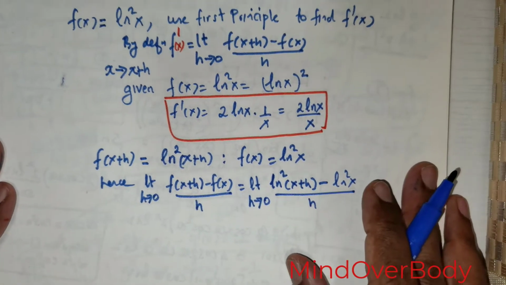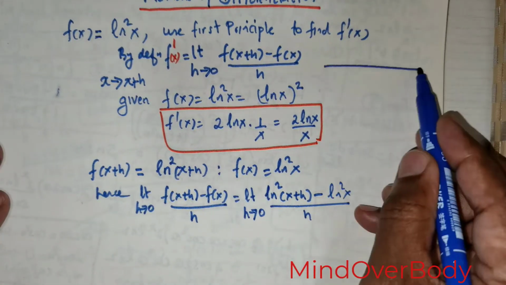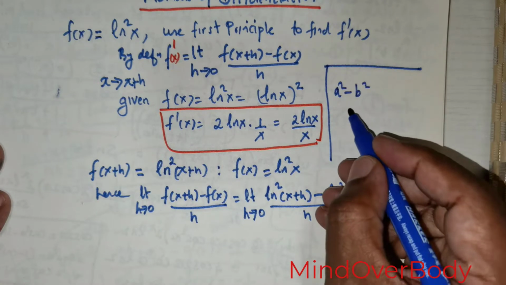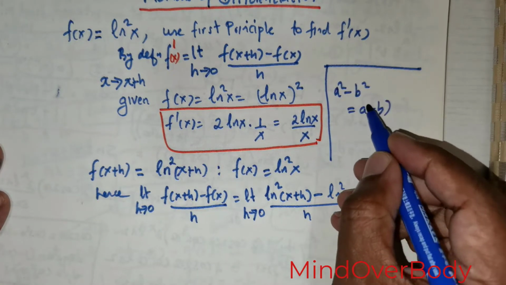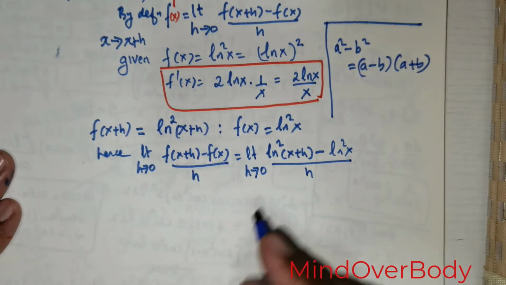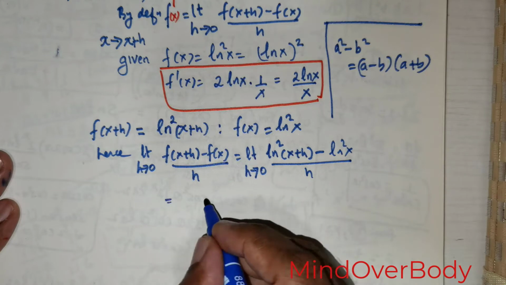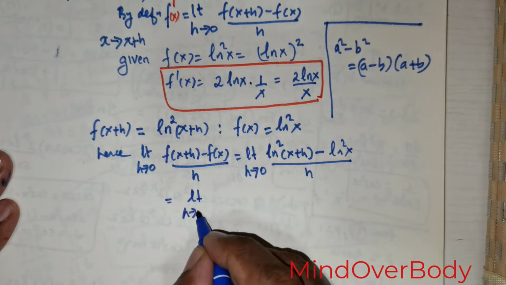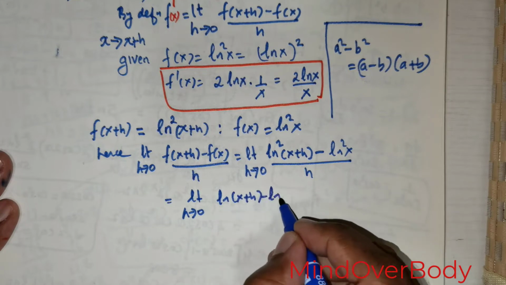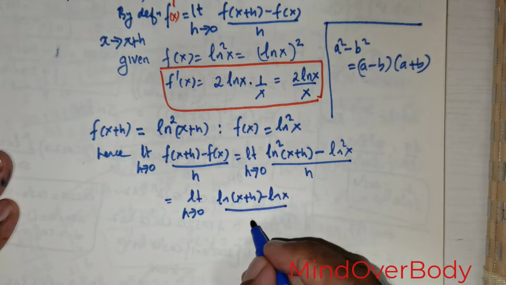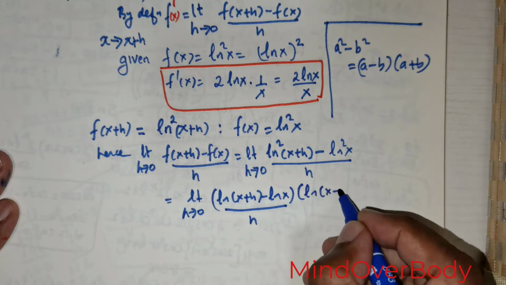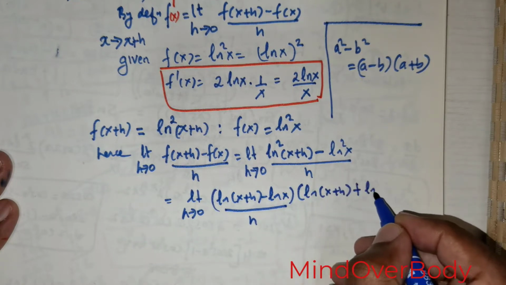Now I would like to draw your attention to a basic algebraic formula, which is a squared minus b squared is equal to a minus b times a plus b. So using this formula I'm going to rewrite this as ln of x plus h minus ln of x divided by h times ln of x plus h plus ln of x.